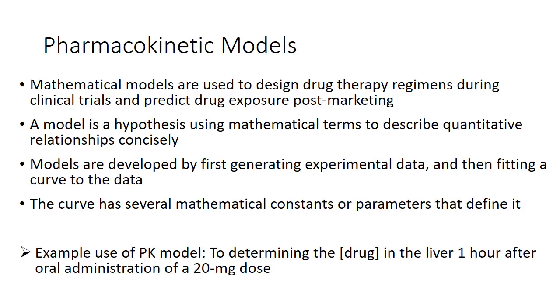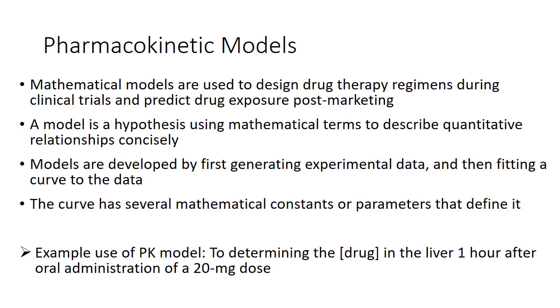You get all these parameters, you get the value, like an average, and then you can use that to generate the model. When we generate the blood concentration versus time curve for all these patients, you get data points on the curve, but then you actually have to fit a curve to the data using an equation.